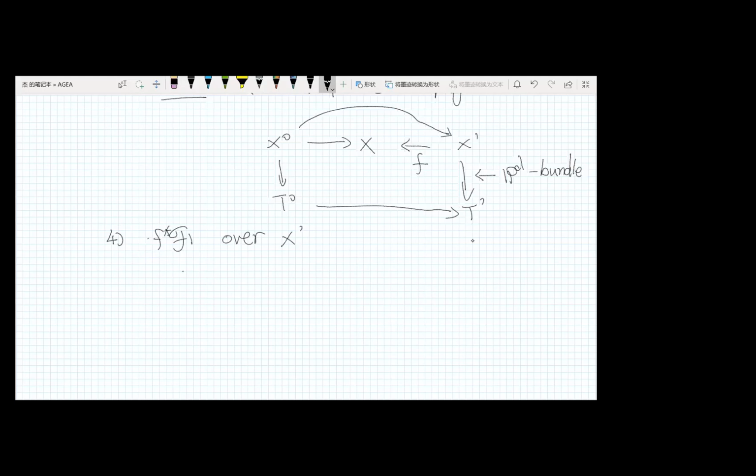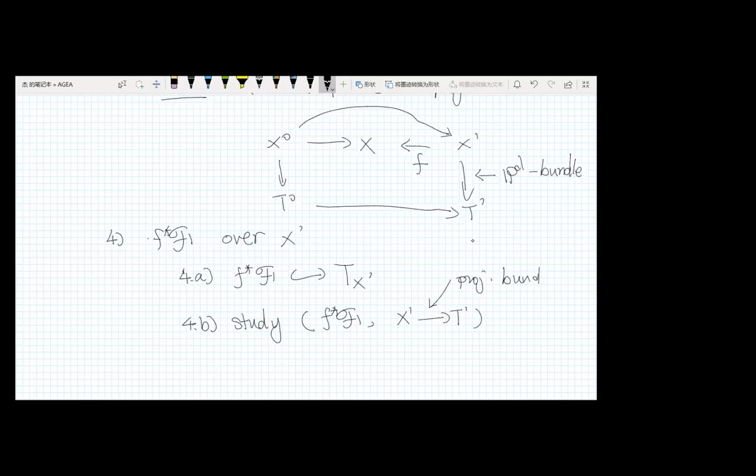The first fact we can prove is that this one is also contained in the tangent bundle of X prime. So right now, we want to study this pair, F star F and X prime over T prime. Recall that this is a projective bundle. We want to understand the geometry of this pair. In fact, we have a very nice description of this pair.